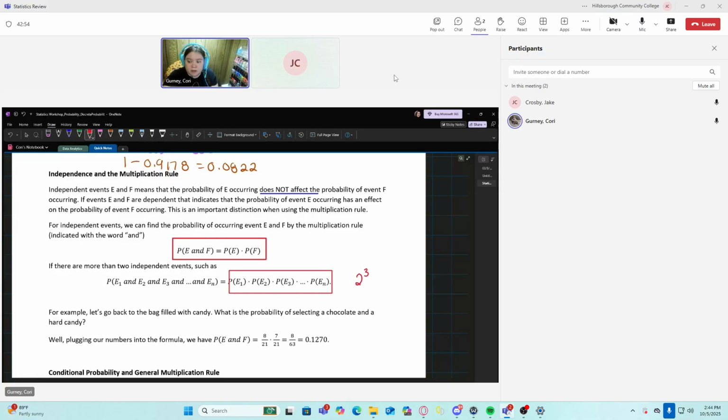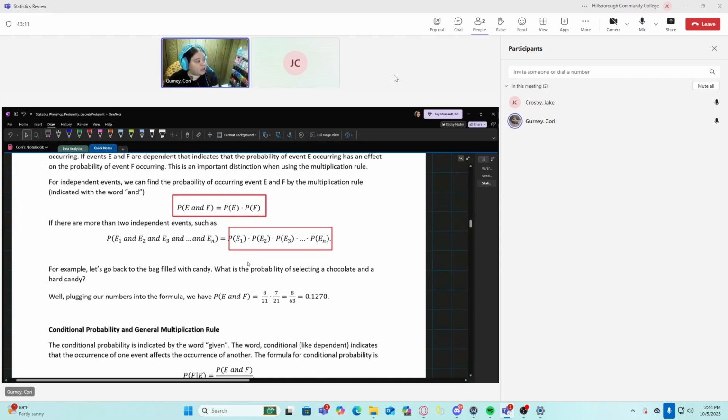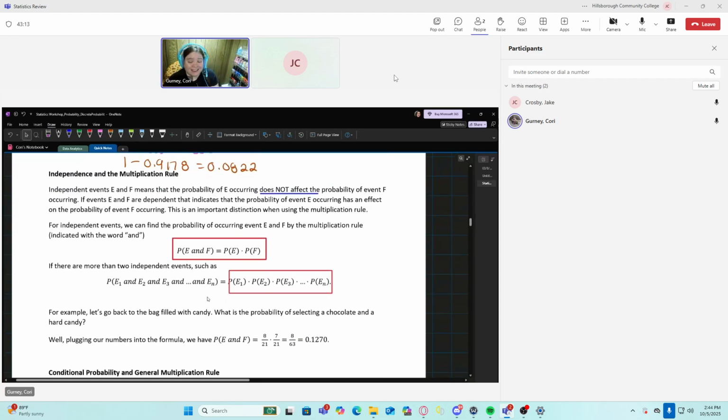This is a probability, just 3 events all having the same probability. With 2 independent events or more, you're just going to multiply them.